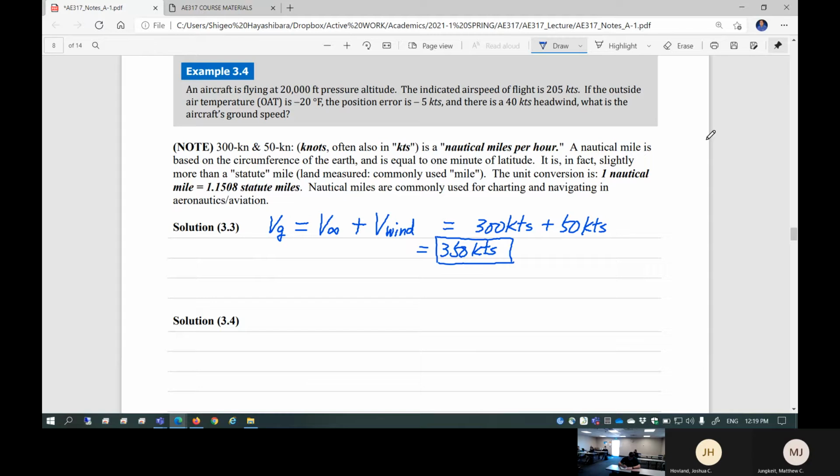An aircraft is flying at 20,000 feet pressure altitude. What do you mean by pressure altitude? Somebody please tell me. 20,000 feet pressure altitude means 20,000 feet exact, right? If you drop down a tape measure, it's exactly 20,000 feet. Does that mean pressure altitude?